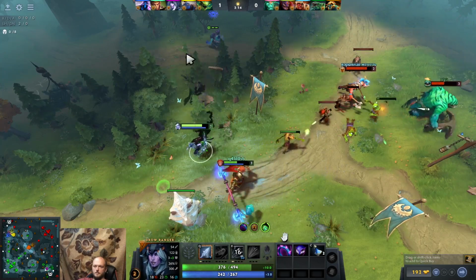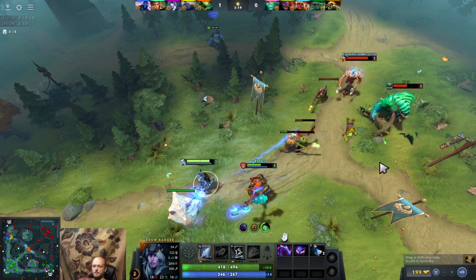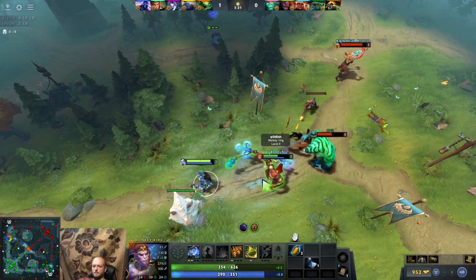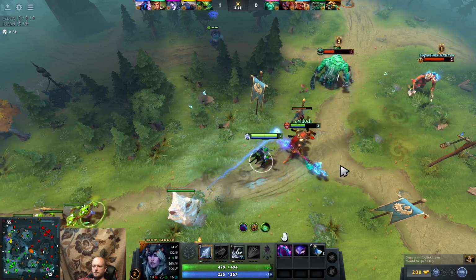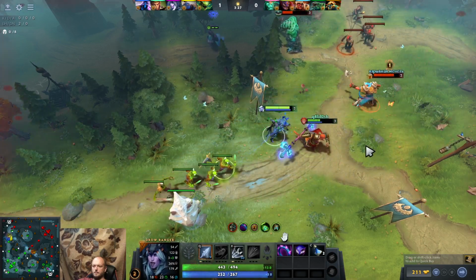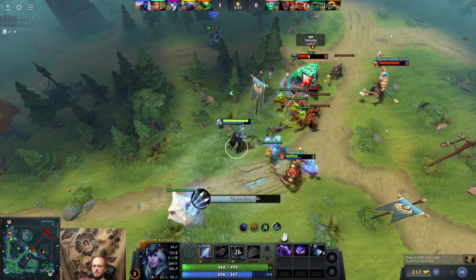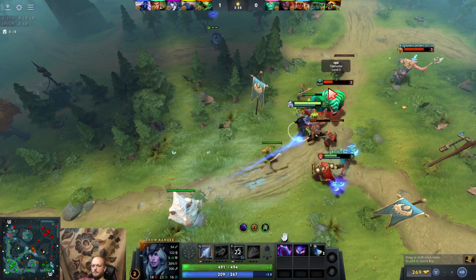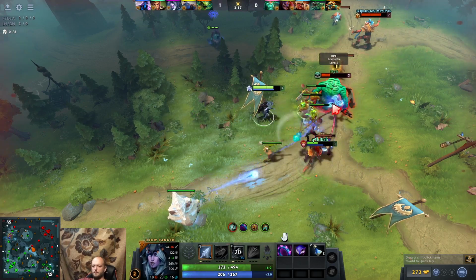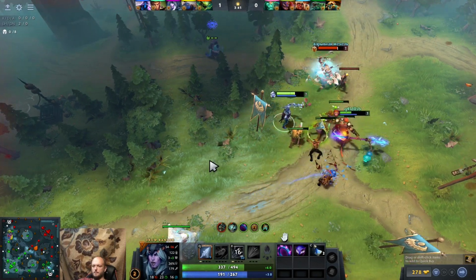Good enough. Yes. Arrow, fly. Feel the fighter.